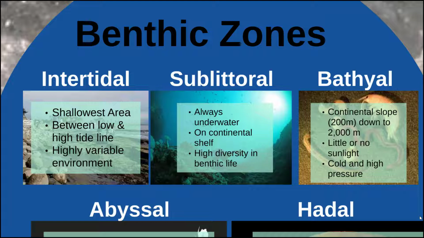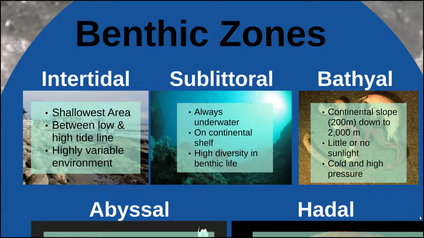This is going to be a highly variable and highly dynamic region, and the organisms that exist there are going to have some specialization in terms of being able to survive periods of time where they are exposed without the water surrounding them, as well as where they are submerged in the water. So it requires a robust organism that can handle those two very different environments.